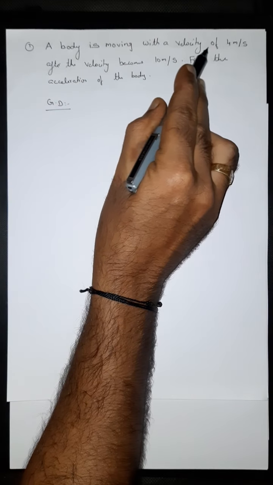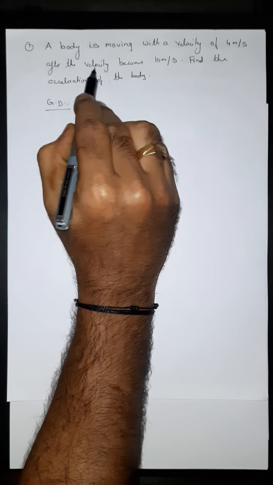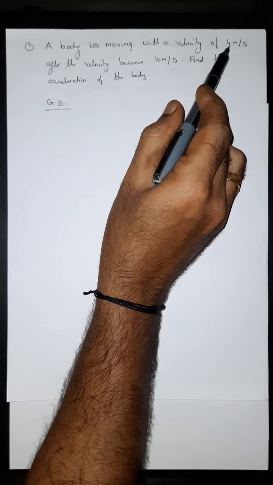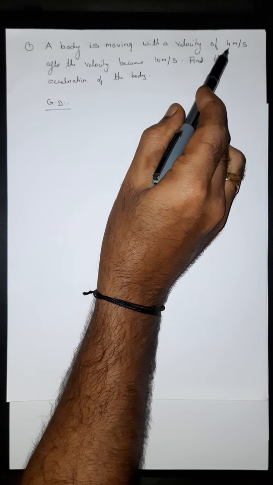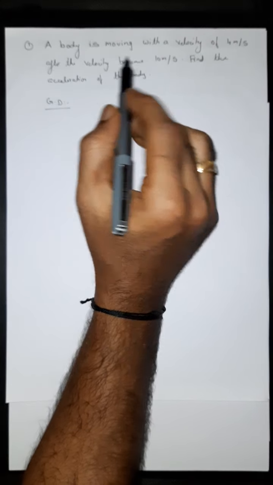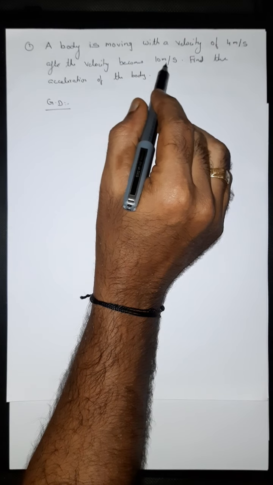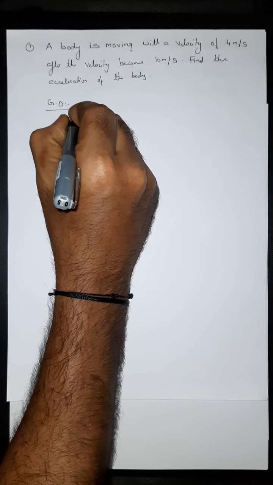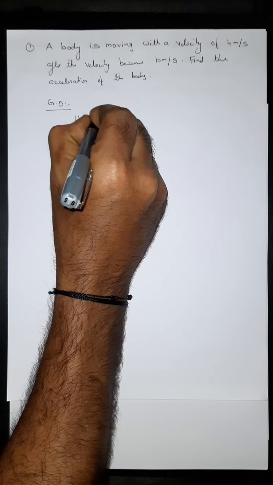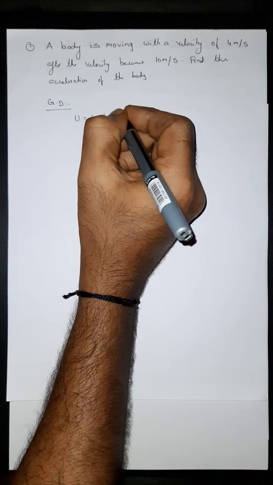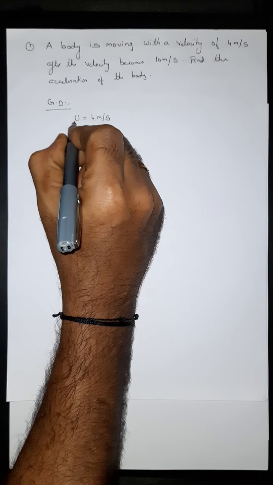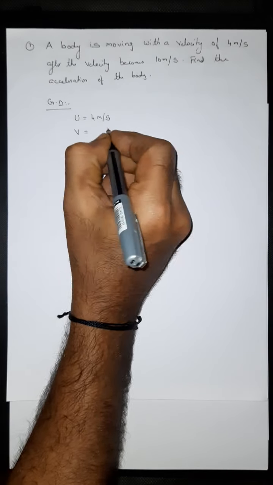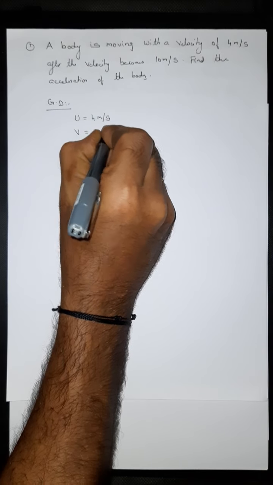So initially the velocity was 4 meter per second, further increased to 10 meter per second. Therefore, this 4 meter per second is the initial velocity, represented as u, and the final velocity, represented by v, is 10 meter per second.